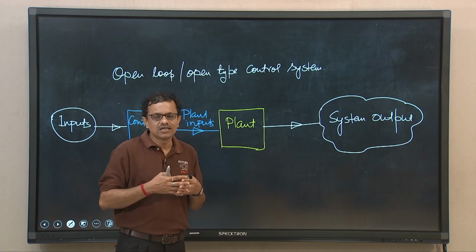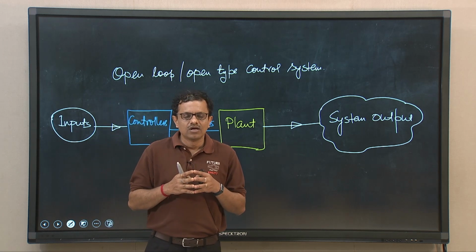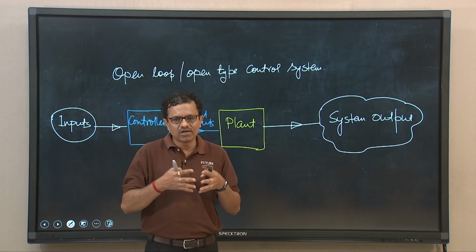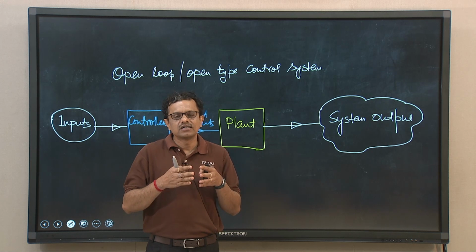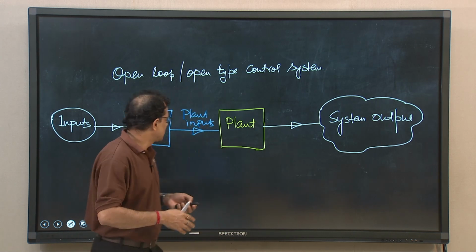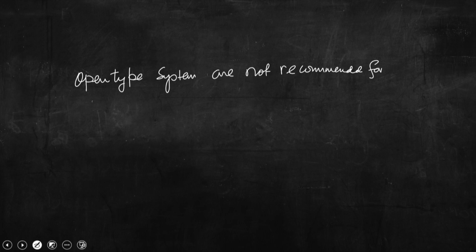So, a system with this particular type of control cannot be used under different conditions. Open type systems are not recommended for the following conditions.